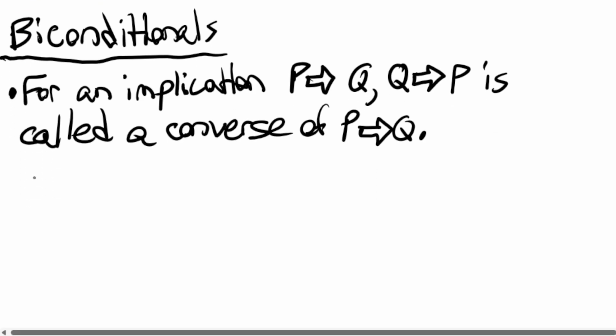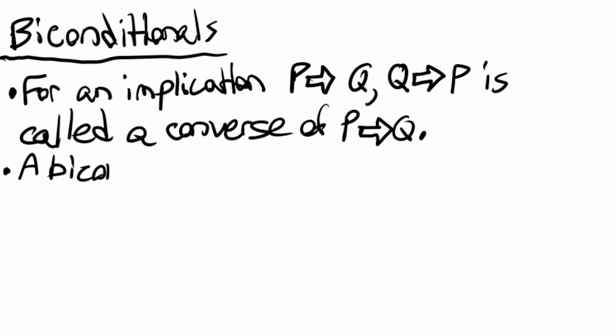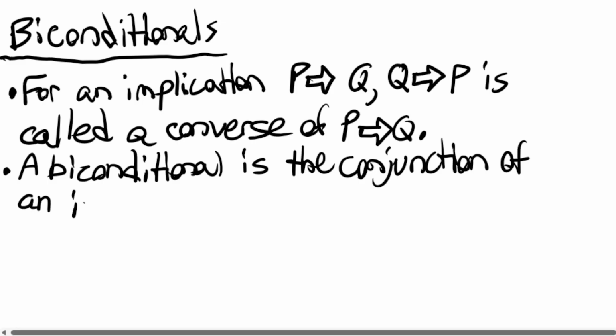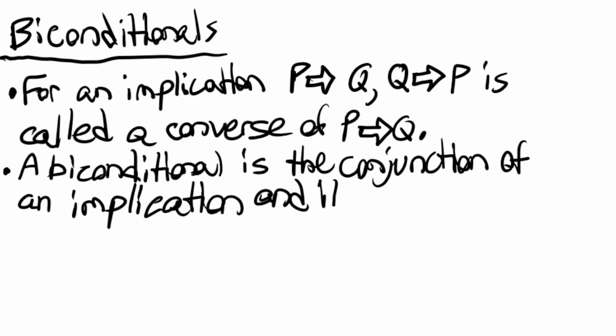So we will now define a biconditional, and a biconditional is the conjunction of an implication and its converse.